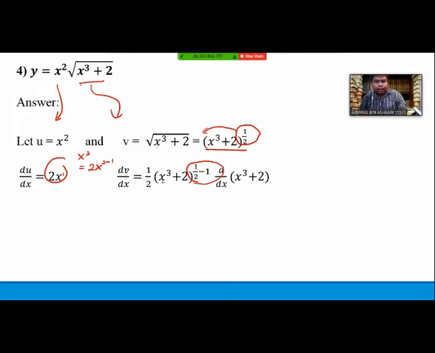But again, don't forget to differentiate again inside, which is d per dx of x power of 3 plus 2. So what you will get is like this one.